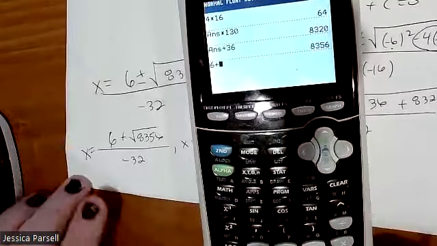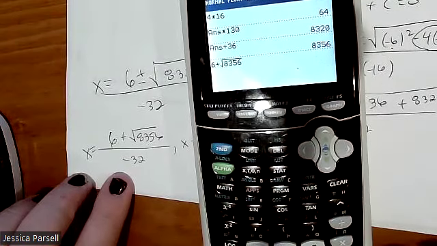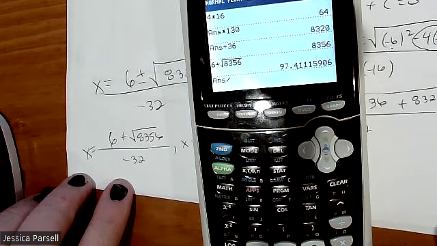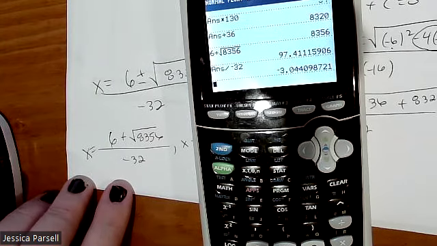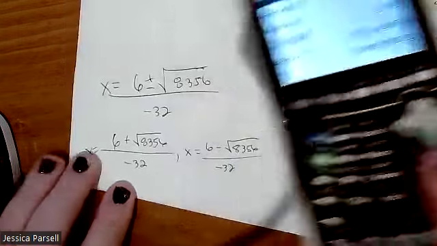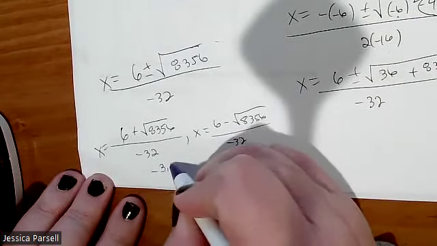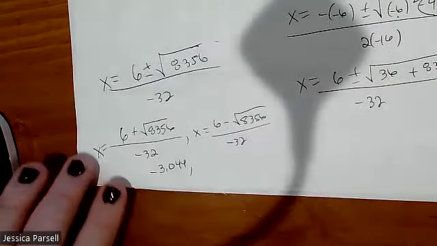6 plus the square root of 8356. I'm going to hit enter. I'm going to divide that by -32, and I'm going to get -0.3044. Now, I'm going to go out 2 decimal places because they're asking us to go to the hundredths place. So I'm going to go -3.044 as one answer.